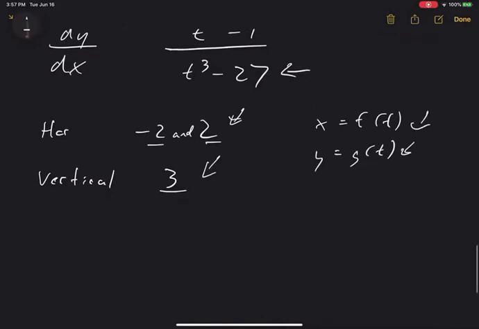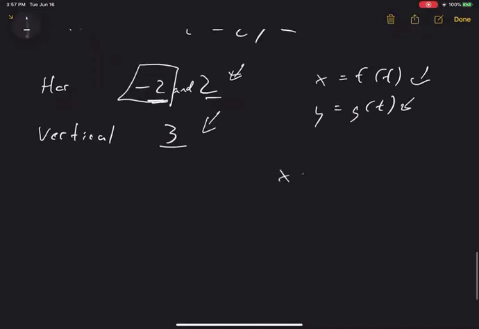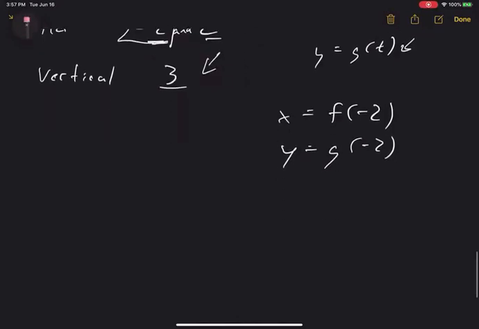So if I wanted to find the xy point that goes along with -2, I just plug -2 into my function for x and -2 into my function for y. That's going to give me some coordinates, one of the points where my tangent is horizontal. So I don't think we need to go through that. It's pretty straightforward.